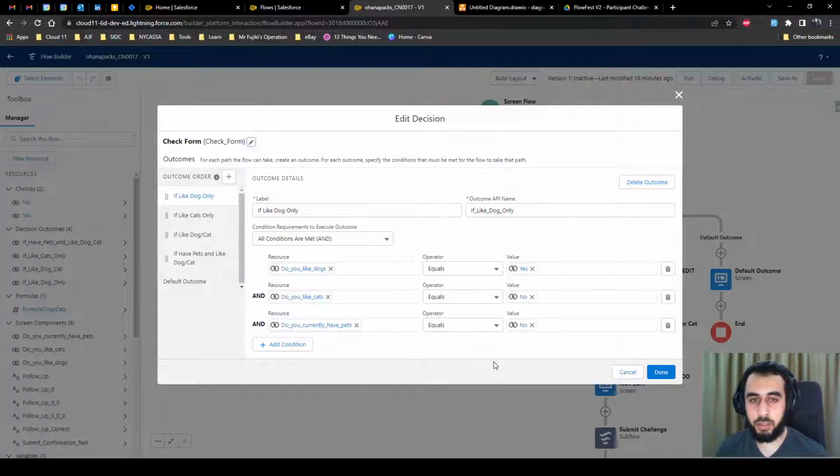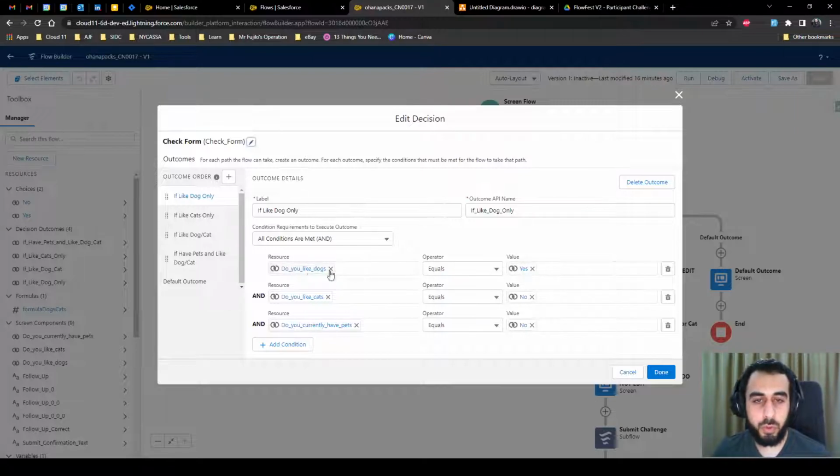The flow that we had, not this one, the original one, didn't have the second and third criteria. It only had one. It was only, do you like dogs? And then the answer is yes or no. In this case, for people who like dogs only, the answer was yes.